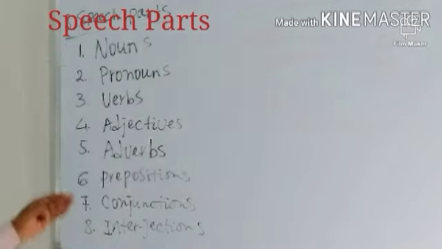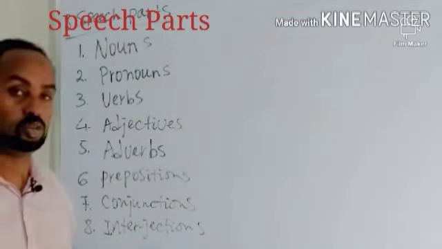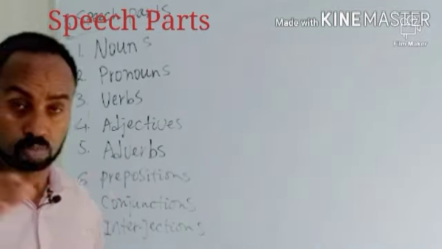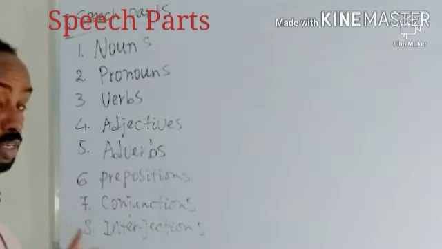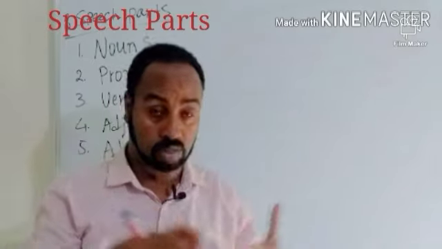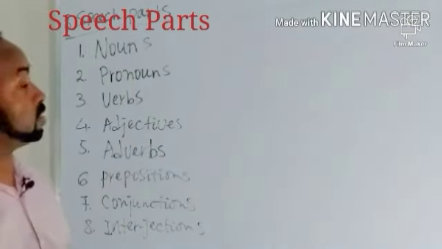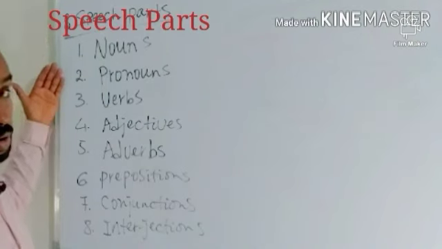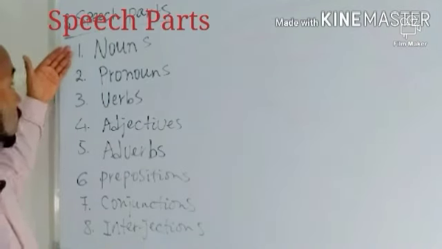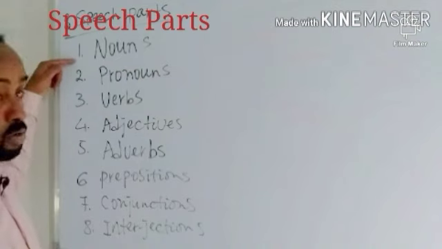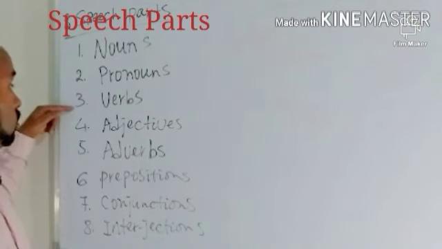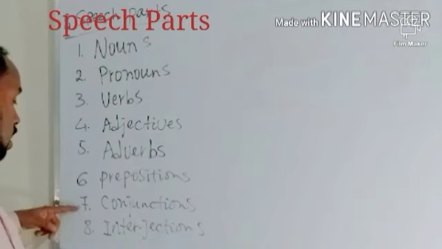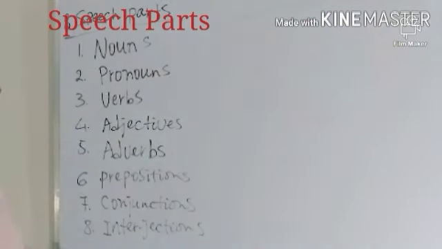So these are the main speech parts. In some books it says we have 9 speech parts, including articles, but the most common are the following: nouns, pronouns, verbs, adjectives, adverbs, prepositions, conjunctions, and interjections.